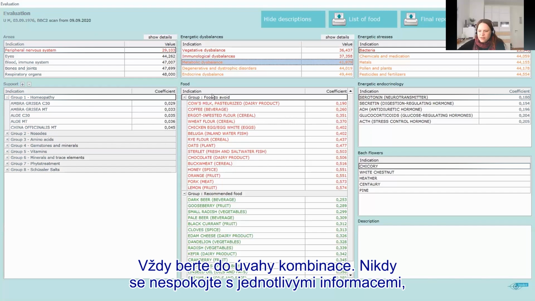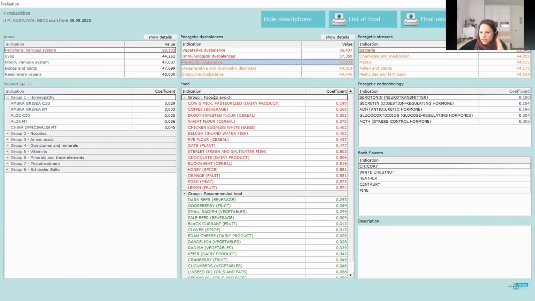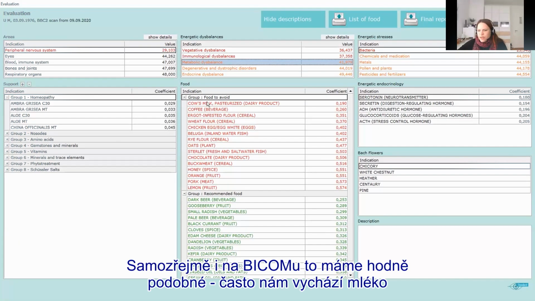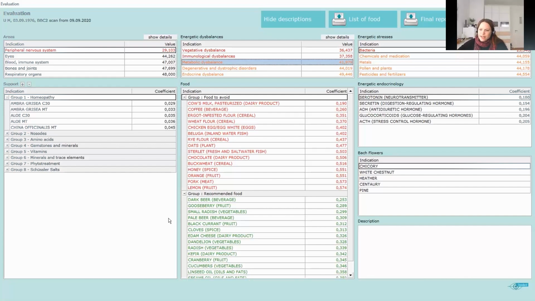Don't look at single information in the evaluation. Please always look at the whole story, the whole picture of the scan, and then you will see more than just picking out different stuff. And of course, we have this in the BICOM the same, that milk is really often tested. This is why we have it on the top really often.